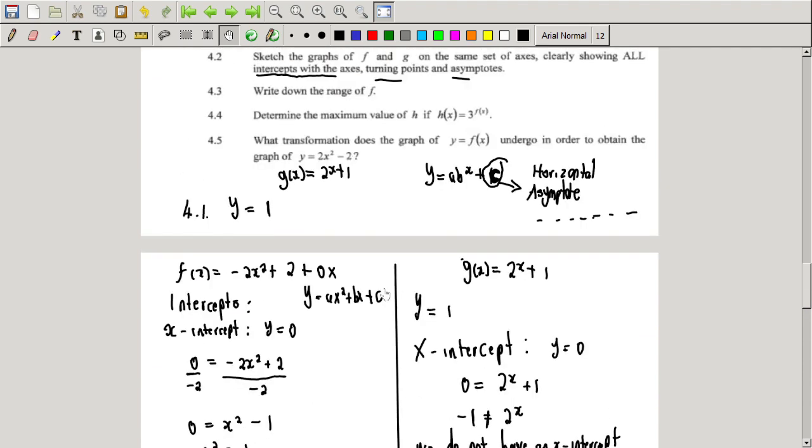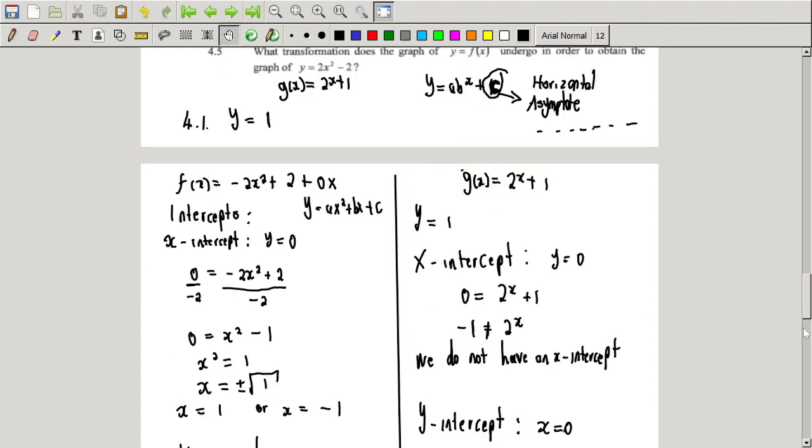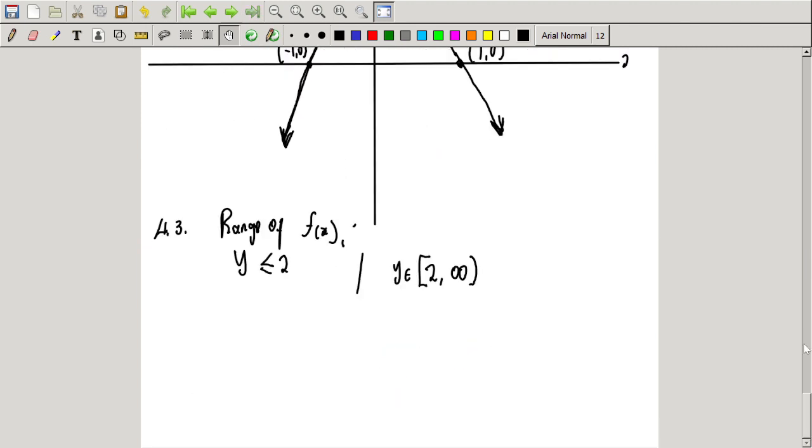Now we go to 4.4. They say find the maximum value of the function h of x. Wow, nice. This takes me time. We're supposed to get the maximum value of h of x. h of x is defined by 3 to the power of f of x.